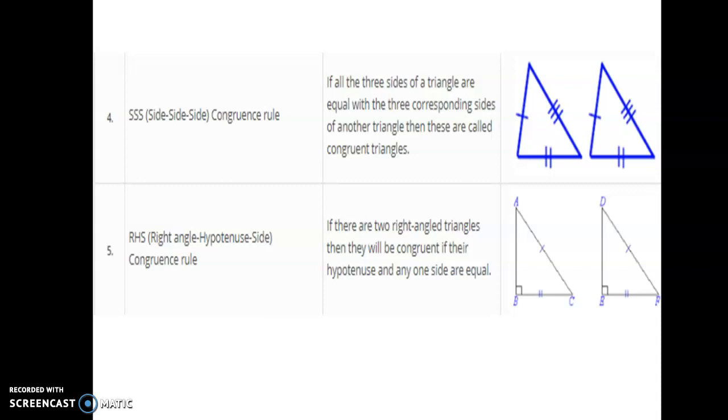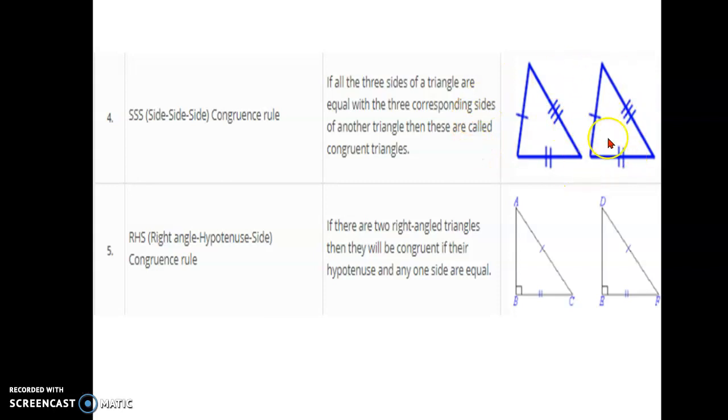SSS congruence rule. If all the three sides of a triangle are equal to the three corresponding sides of another triangle, then these are called congruent triangles. If you see, the three sides of the two triangles are equal. Side number 1 is equal to side number 1 of the other triangle, 2 is equal to 2, 3 is equal to 3.